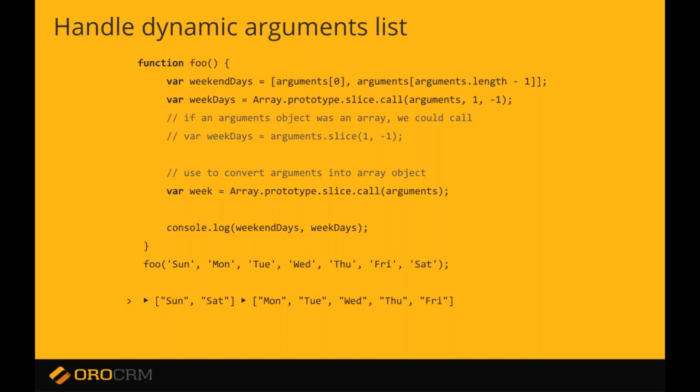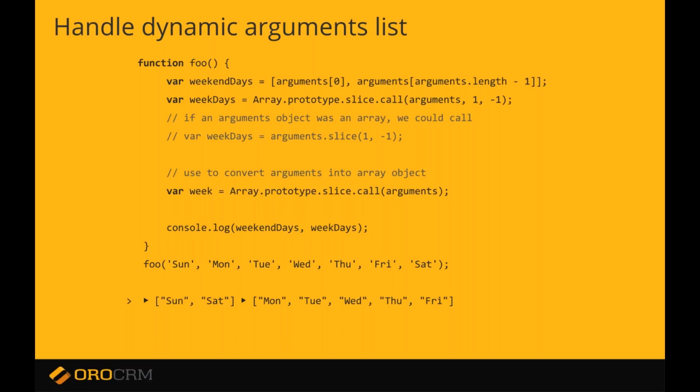For example, we can extract the first and last argument by indexes from the collection and create a new collection weekdays. And it will contain only the first and last item. In our case, it will be Sunday and Saturday.